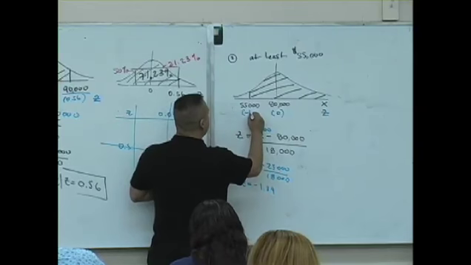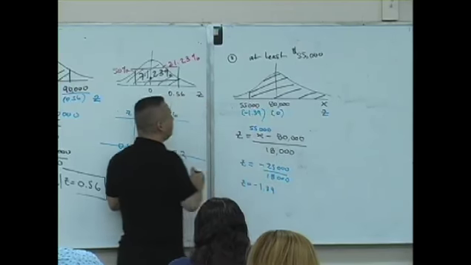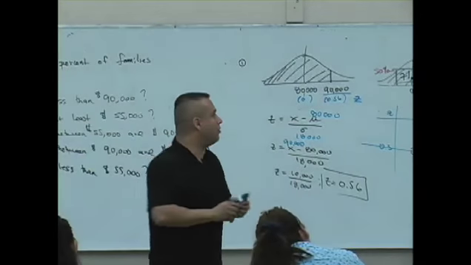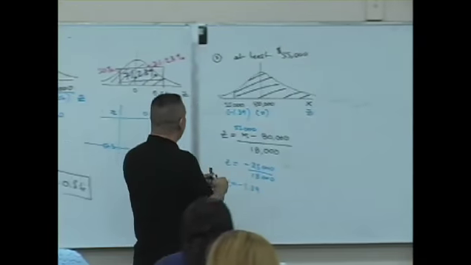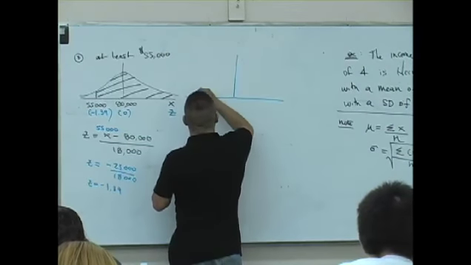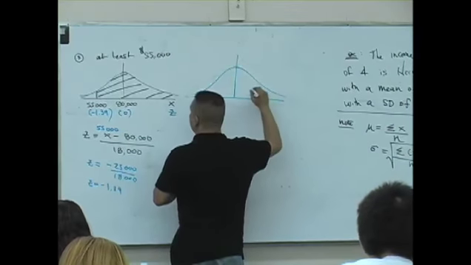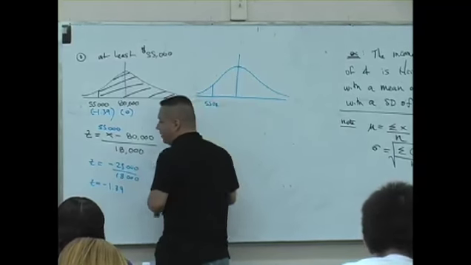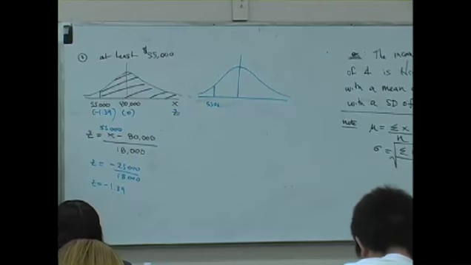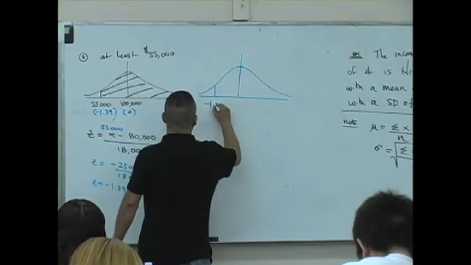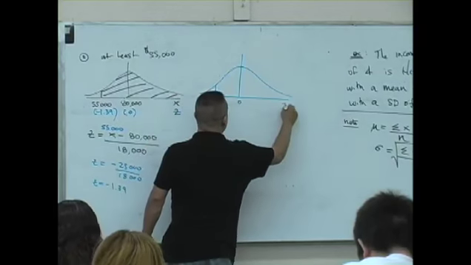So your picture now looks like a standard normal distribution, with negative 1.39 and 0. It's a z distribution.